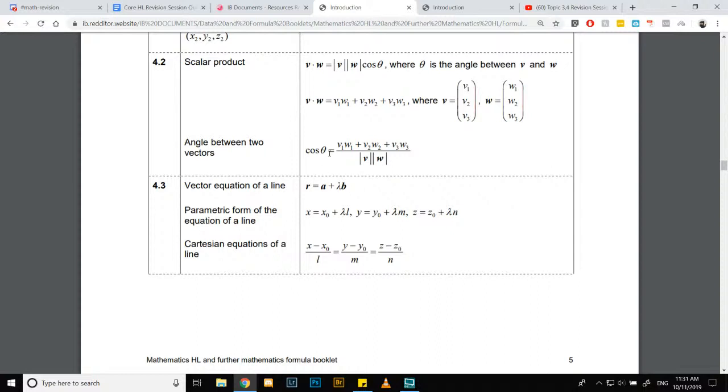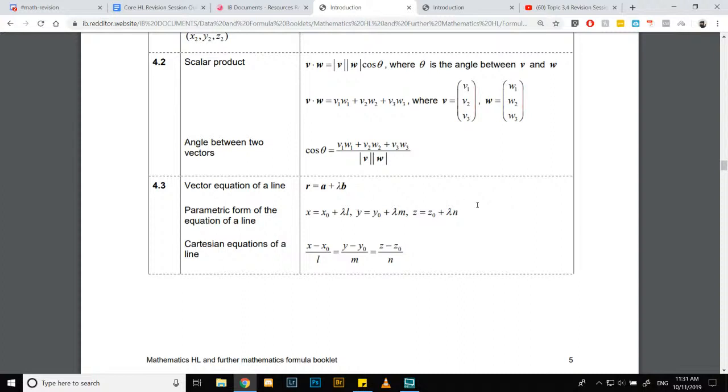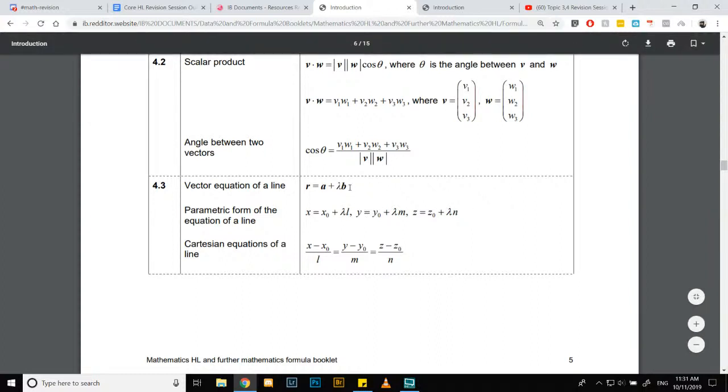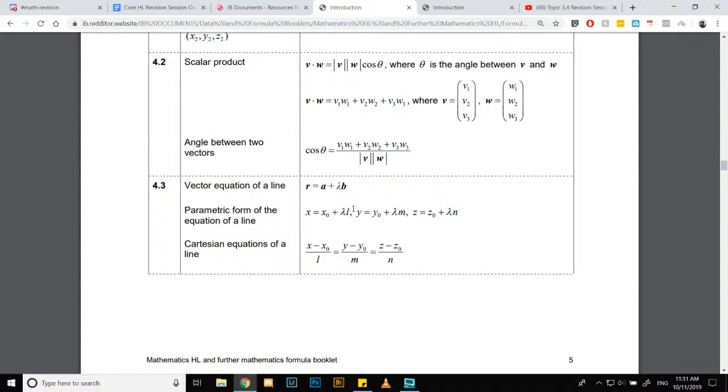This is a parametric form of the equation of a line, which I just derived for you. Instead of using s and some random variables, they use better variables. So x is x naught plus lambda l. Whatever the terms of the vectors were over here, we put them into here. You should try and derive that yourself, getting from there to there.